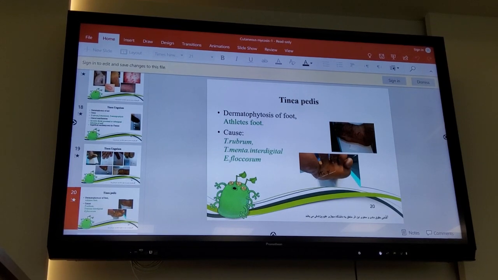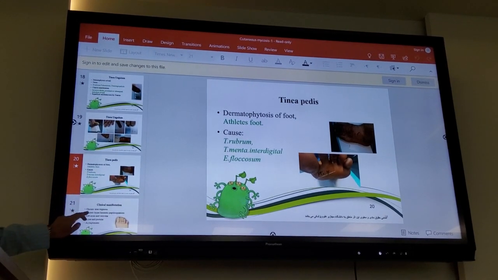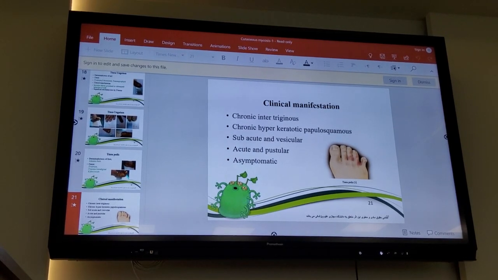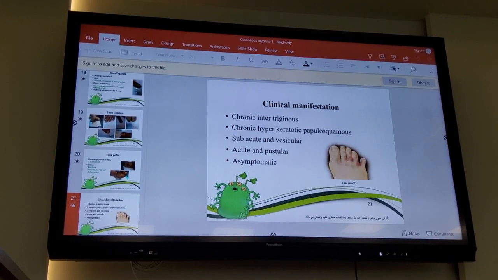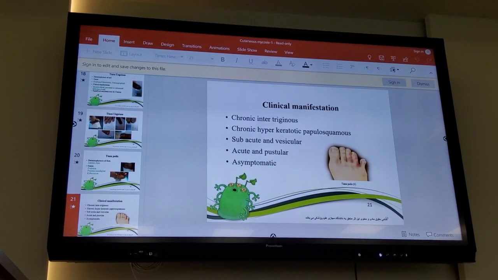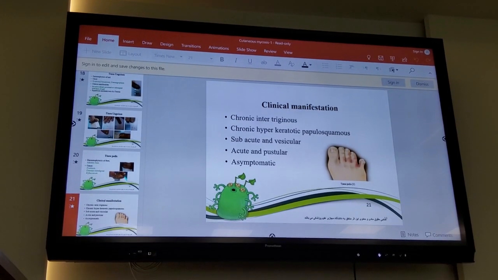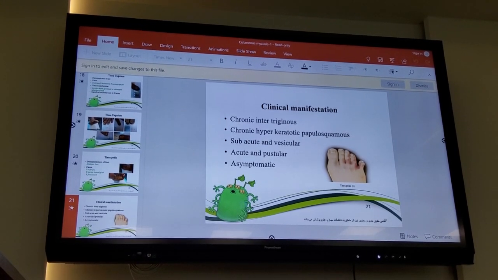In tinea pedis, you may have many clinical aspects, clinical manifestations from chronic lesion, chronic reaction, to acute reaction, based on the species of dermatophyte. From a scaly lesion to acute reaction like vesicle and pustule.